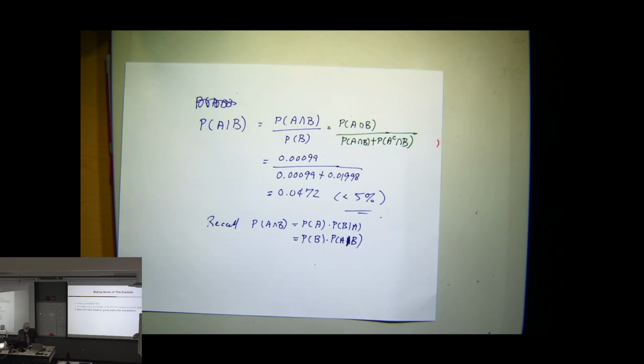Again, just to emphasize, the false positives greatly outnumber your true positives there. So what implication does this have for the detection of rare diseases?